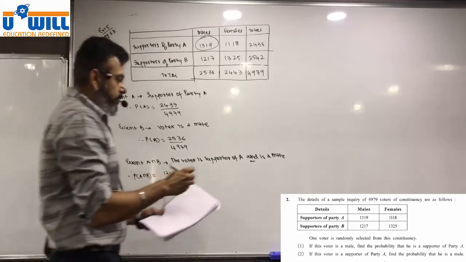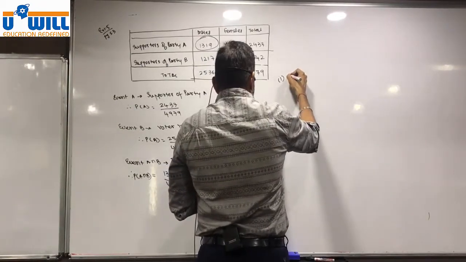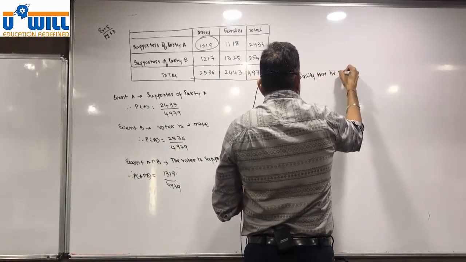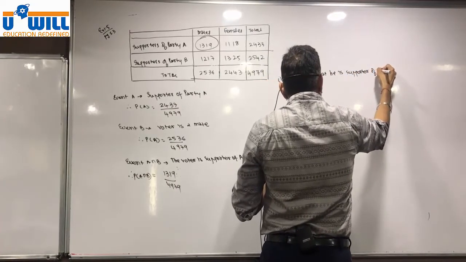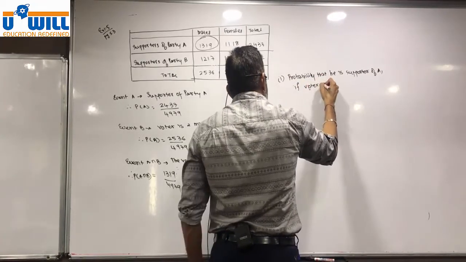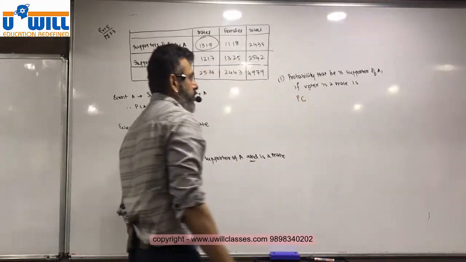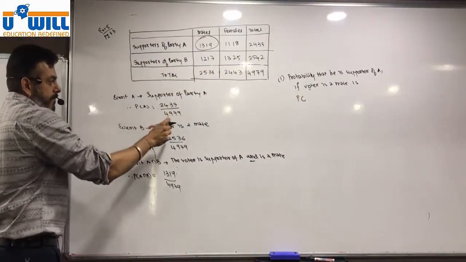Now we go to the first one. Probability that he is supporter of A if voter is a male. If he is a male, then what is given for male?